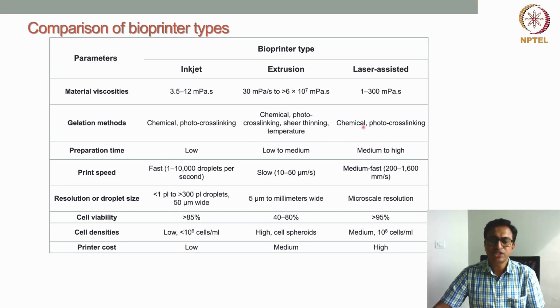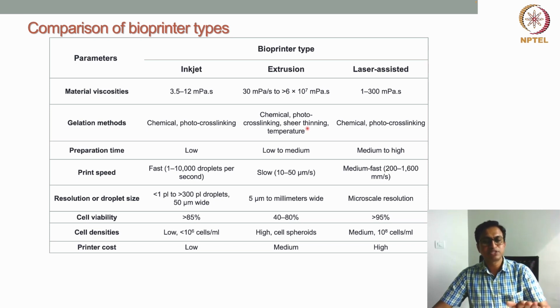In the case of extrusion, there are different types of cross-linking. It can be chemical, photo, and shear thinning is another thing. Shear thinning means that upon increasing the shear rate, the viscosity of the material comes down. When we are extruding the material, we are applying some kind of force, so due to the high shear rate during extrusion, the material viscosity comes down.